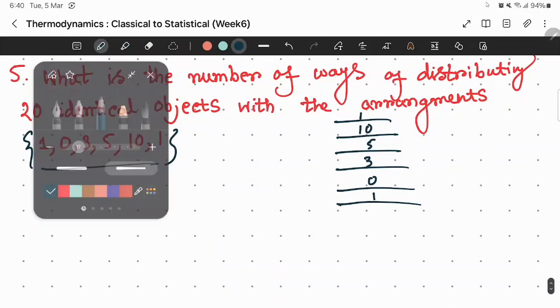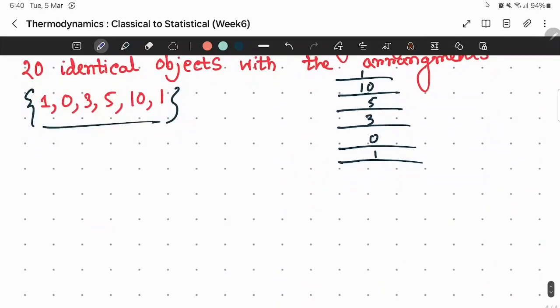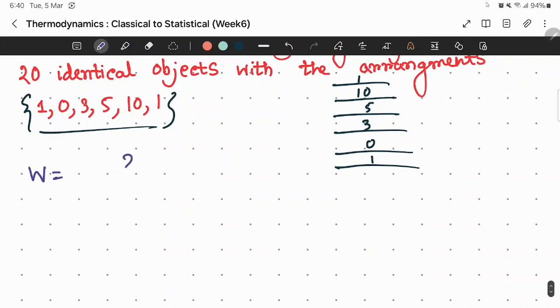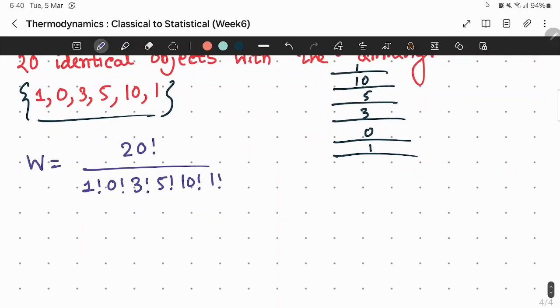Now we have to find out the number of microstates. So it's easy, straightforward. W will be 20 factorial divided by 1 factorial, 0 factorial, 3 factorial, 5 factorial, 10 factorial, 1 factorial.